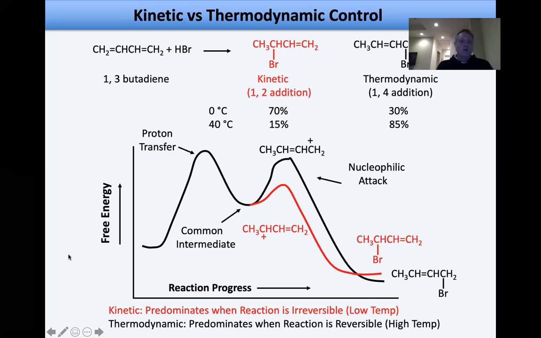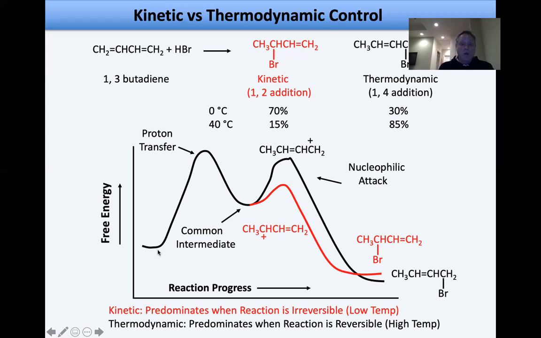So what we can conclude is that in reactions where there are multiple products, we can get a kinetic product and a thermodynamic product. The kinetic product is the one that's formed the fastest, but it's not the most stable product. Now, there are reactions where the kinetic product and the thermodynamic product are the same. Now, kinetic products dominate when the reaction is irreversible, and that's at low temperature.